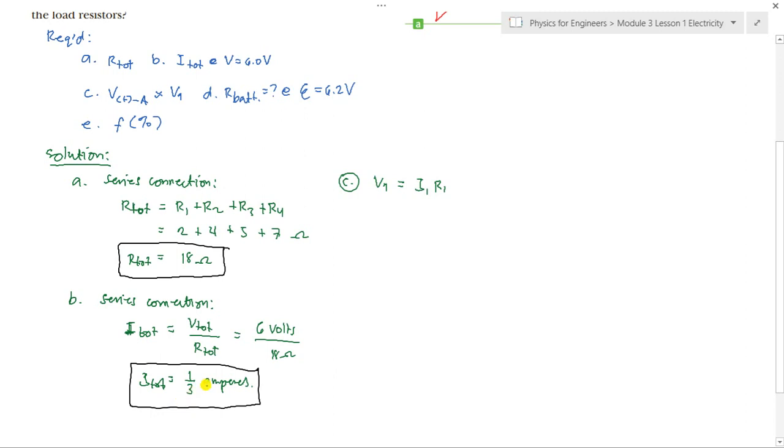Since we already solved for total current, then masolve na po ng letter C. So for letter C, that is equal to I total R1. Again, for series ang I1 is equivalent sa total current. So here, total current is 1/3 amperes, so 1/3 A, multiplied by the resistance of resistor 1, that is 2 ohms. Therefore, V1 is equal to 2/3 volts. Muna siya ang potential difference across resistor 1. Muna gipangita nato.